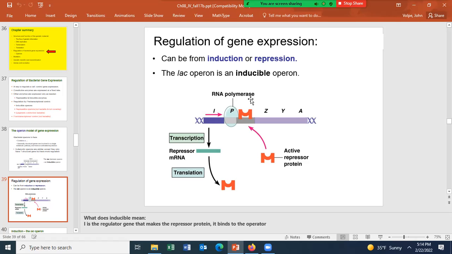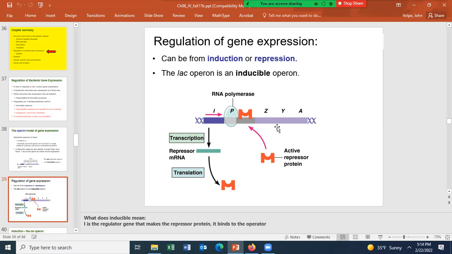Now, when the RNA polymerase binds to the promoter and then moves down the DNA, it will be stopped by the repressor protein at the operator. And so the lactase gene, the Z gene of the lac operon, will not be transcribed. Any questions about any of that?